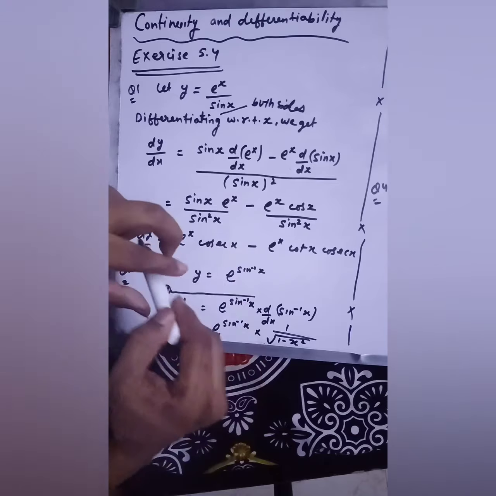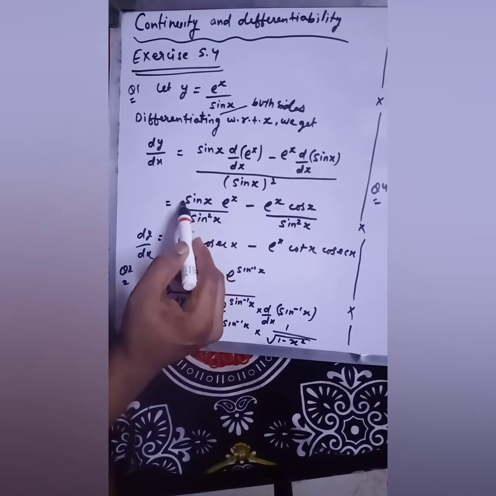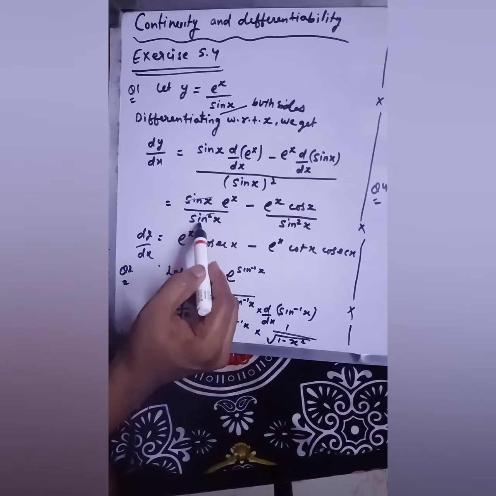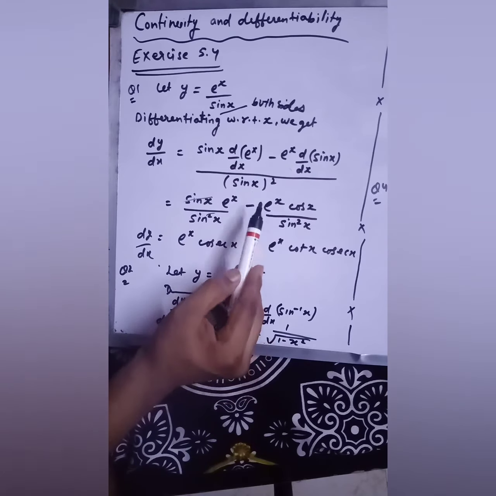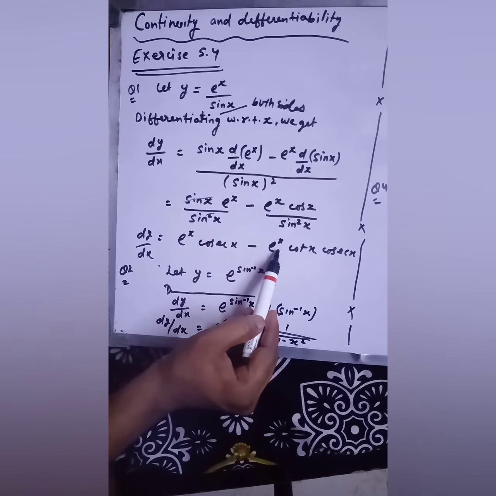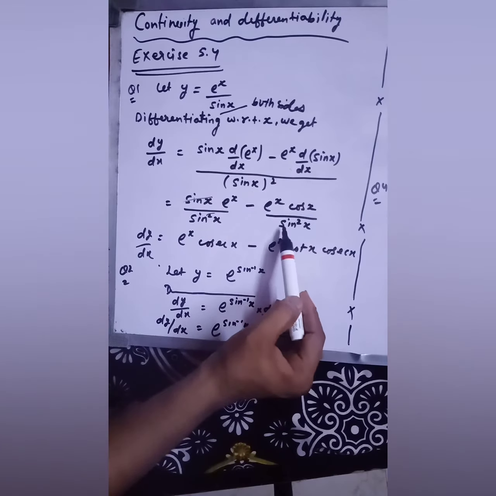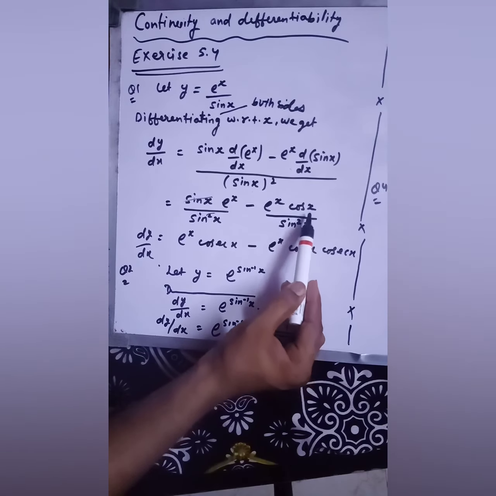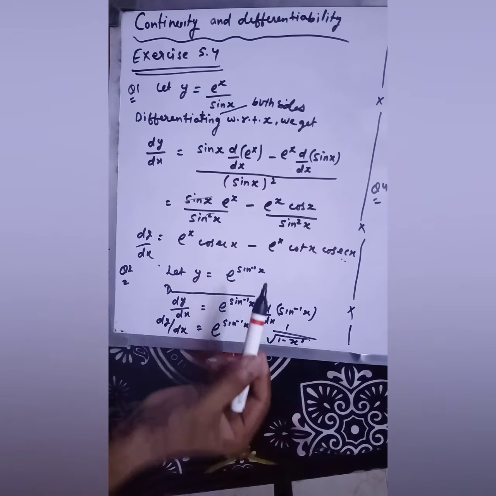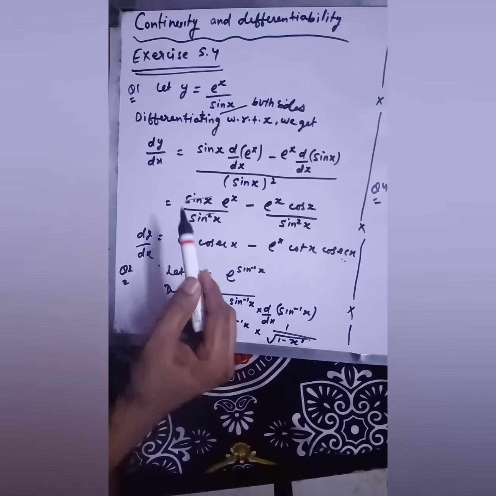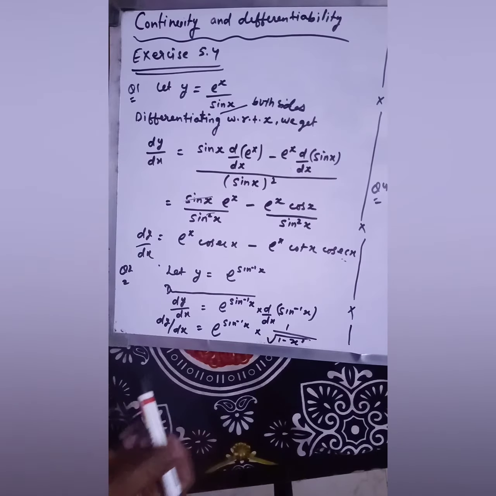One sin will cancel out, and sin square will cancel out. 1 upon sin x would be cosec x, minus e raised to power x times cos x over sin square x. So one sin x will give you cot x and one will give you cosec x. So this is your dy by dx of question number 1.